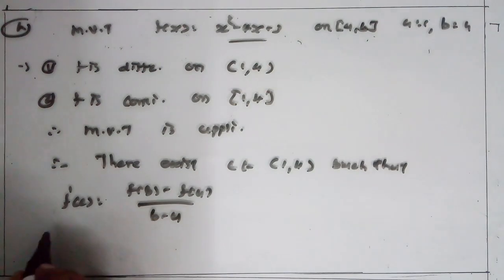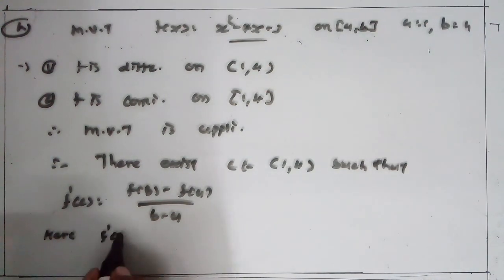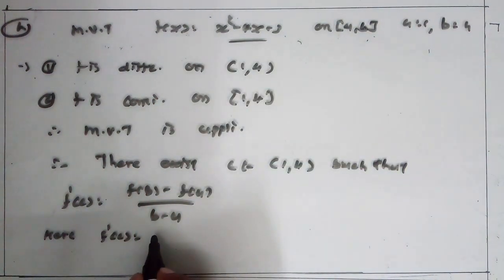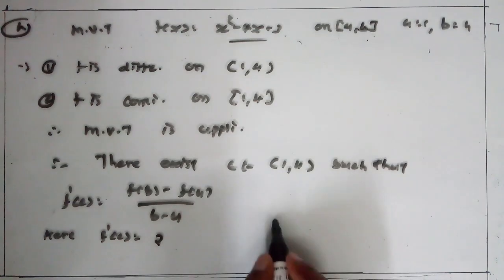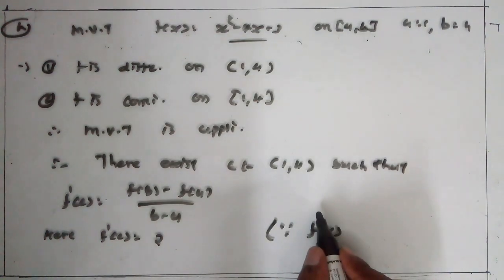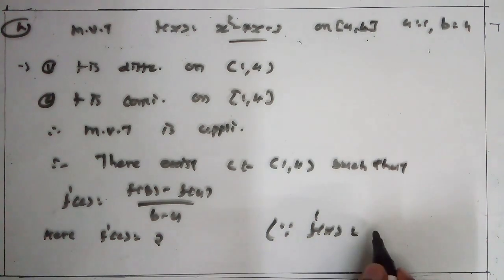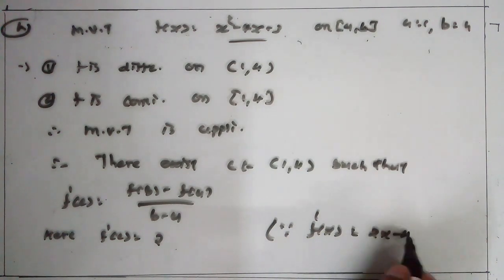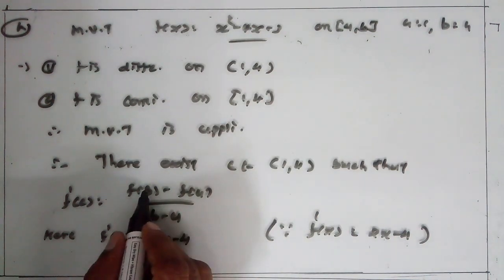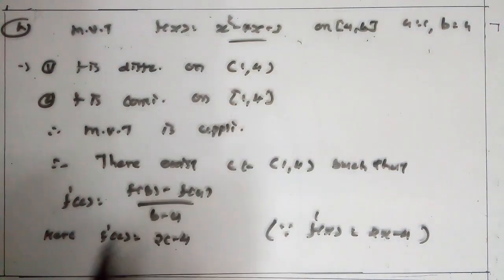You know that. Here f dash x is equal to, you know that, 2x minus 4. So f dash c is equal to 2c minus 4. Clear?